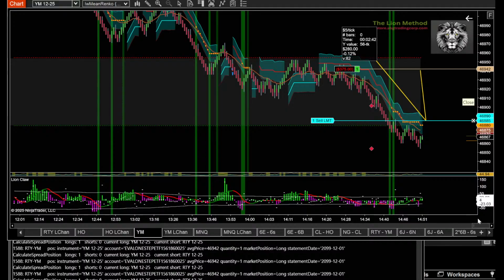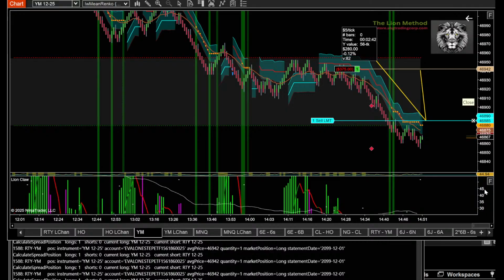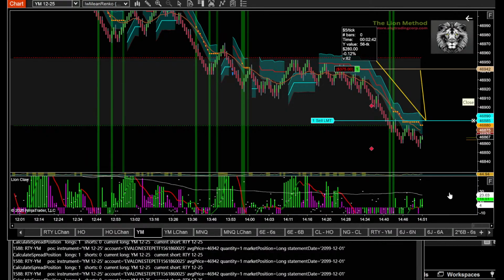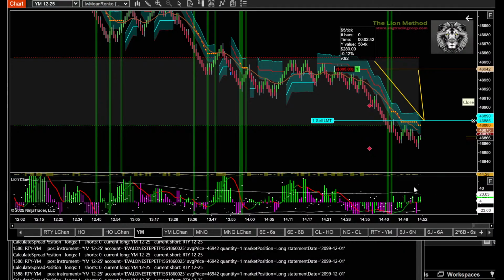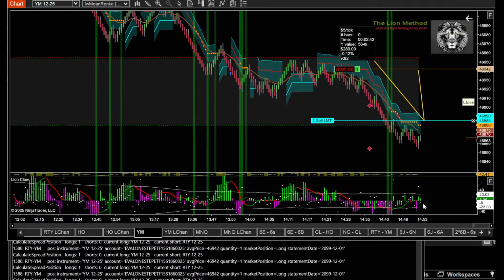There's some order flow coming in. See order flow here coming in. A Lion Claw indicator on the bottom of this chart is an order flow indicator.